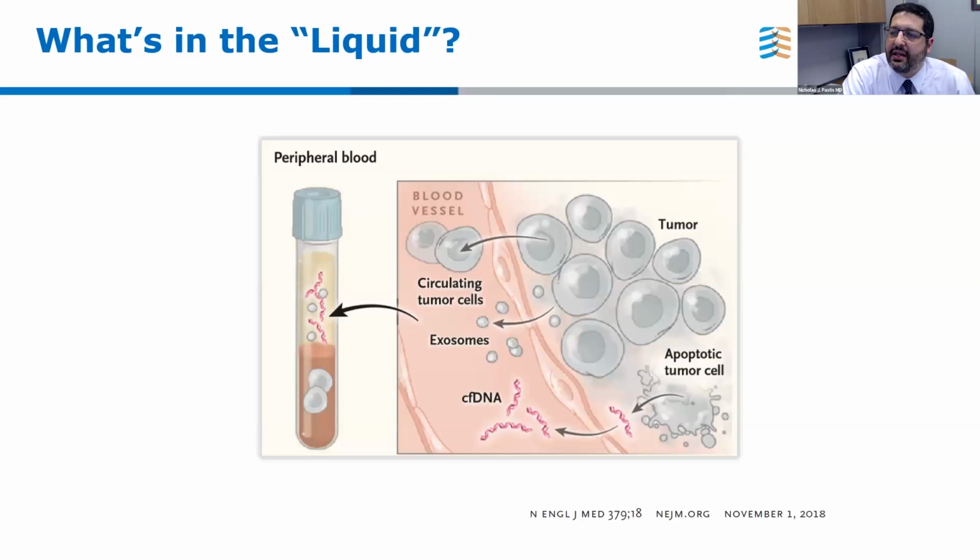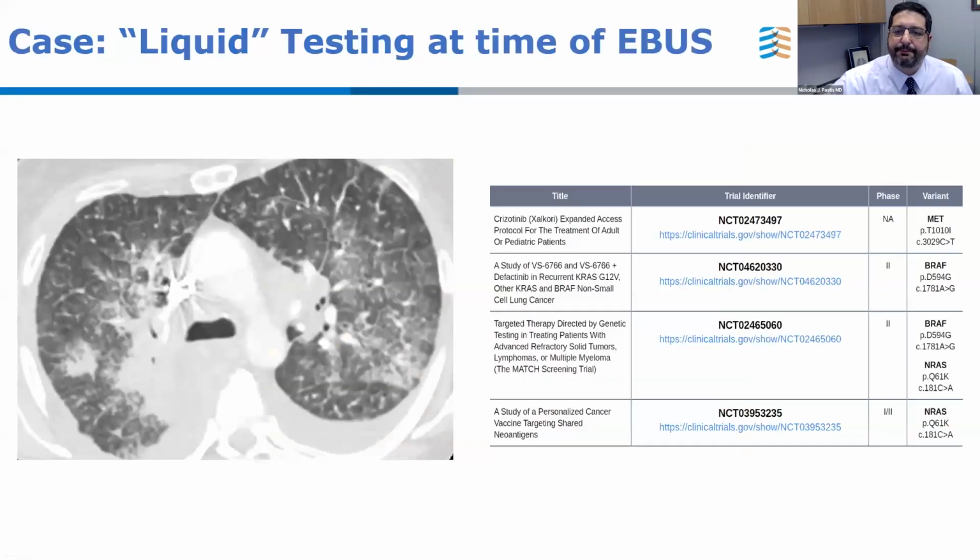So you can get circulating tumor DNA from three main sources. The tumor can have apoptosis, so it's releasing cell-free DNA. There is DNA in exosomes from tumor cells, and then the tumor cells themselves. So that can be extracted in the plasma, and then they can run next generation sequencing on that.